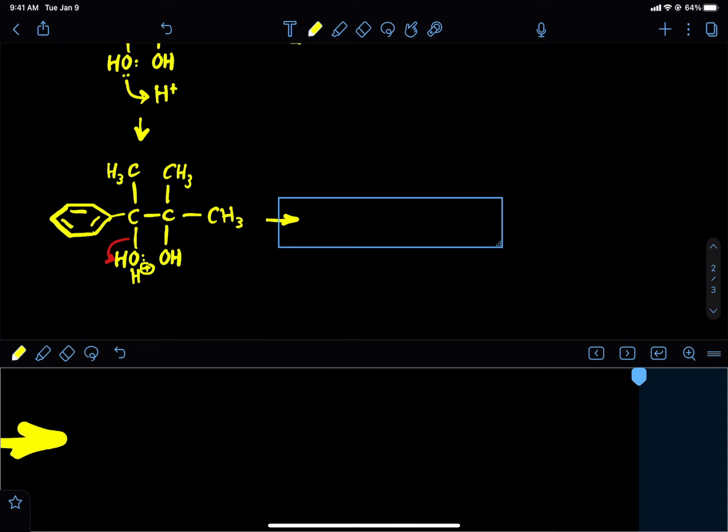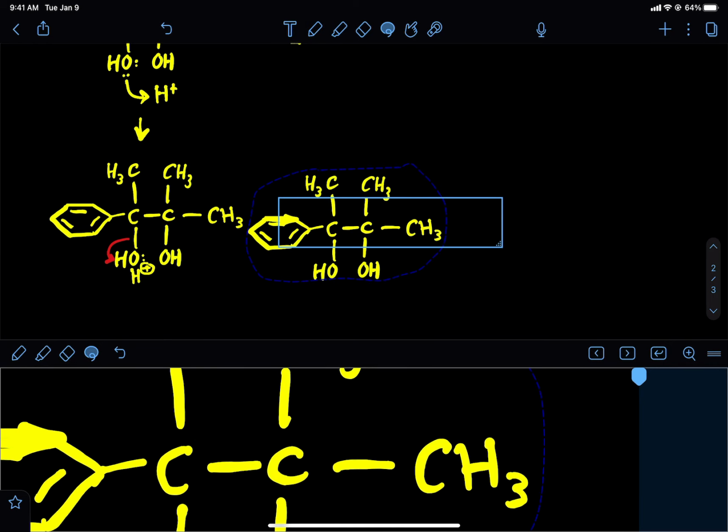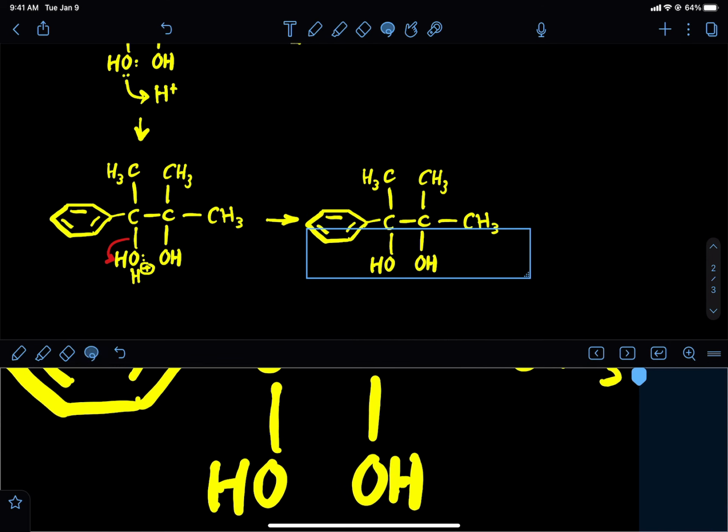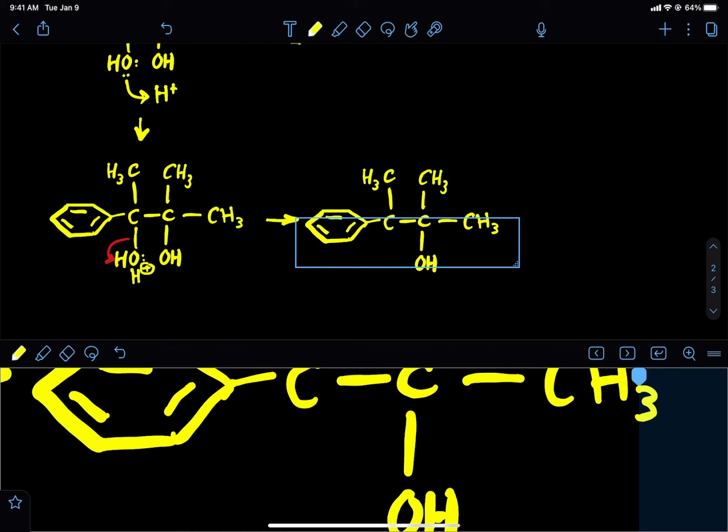That's one option. So here water's gone. We've generated our carbocation on the left carbon. Now this is an excellent carbocation. It's benzylic. And remember that the order of stability of carbocations typically has the benzylic as the most stable.